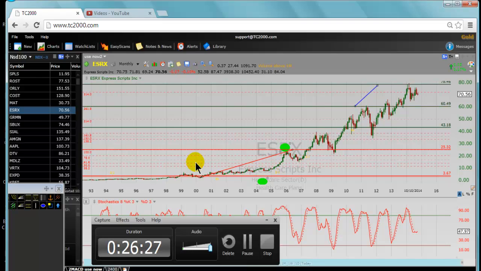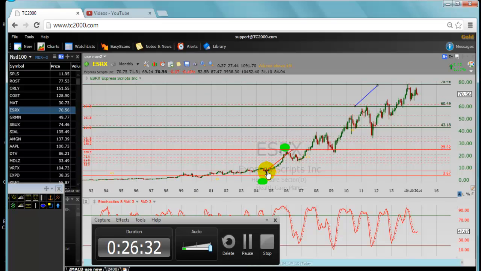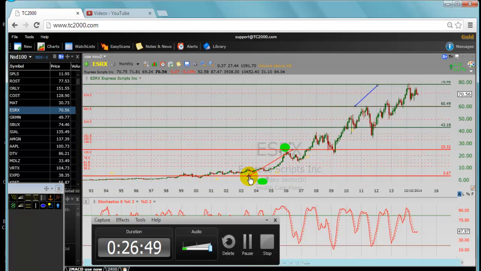Why? Because of the first move that has started from A to B, the level we call 0 to 100%. As the price goes above the 100% level, we will use the measurement of the first move to determine the 200%, the 300%, and the 400%.